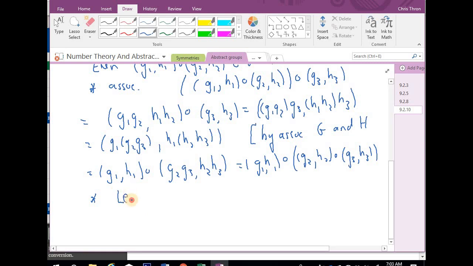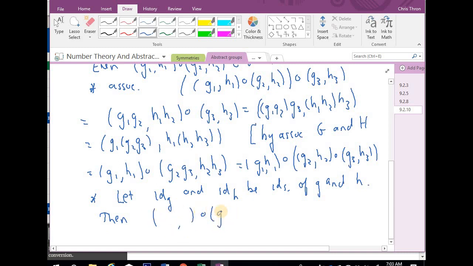If you want some notation, let ID_G and ID_H be the identities of G and H. Then you need some identity element, (ID_G, ID_H), composed with (g, h) equals (g, h) composed with (ID_G, ID_H), which is equal to (g, h).